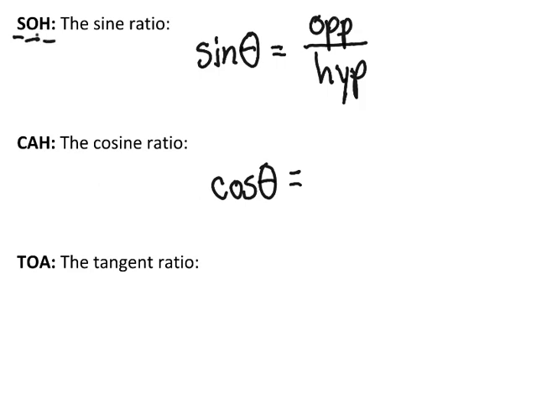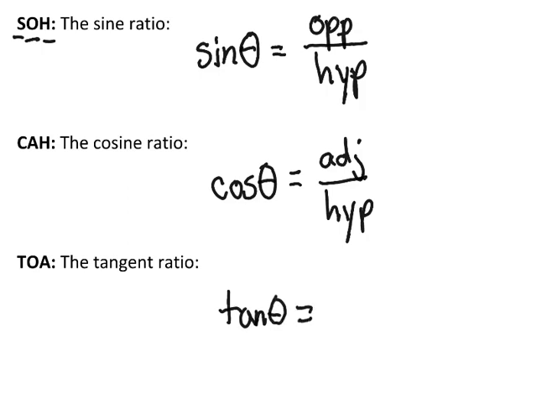So sine of your angle is opposite over hypotenuse. The CA means that cos of your angle will be the adjacent, so the A stands for that, divided by the hypotenuse, that's what the H stands for. And the last primary trig ratio, the TOA, is that tan of the angle where you're hanging out on your triangle is equal to the opposite side divided by the adjacent.